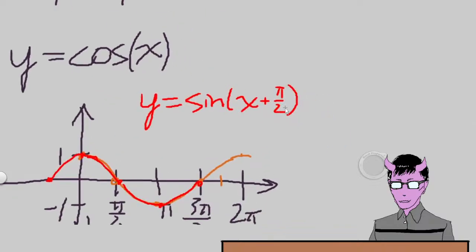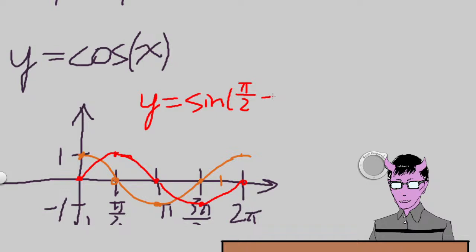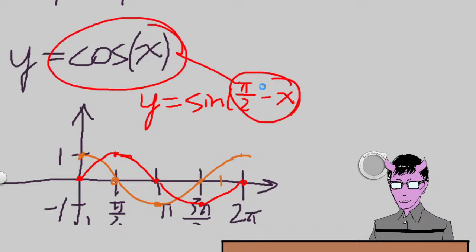Of course, this is not the only shift that we can get. I think the more popular form for this one is going to be this other shift. This is going to be the more popular example. This is 90 degrees because it's complementary angles, minus this one will take you to that one.